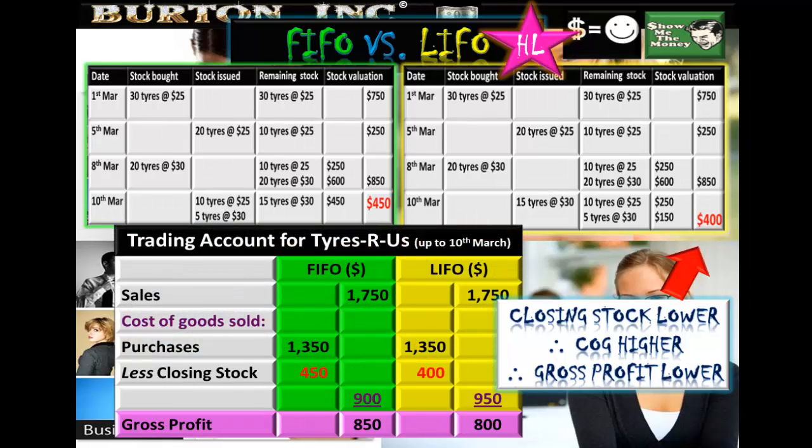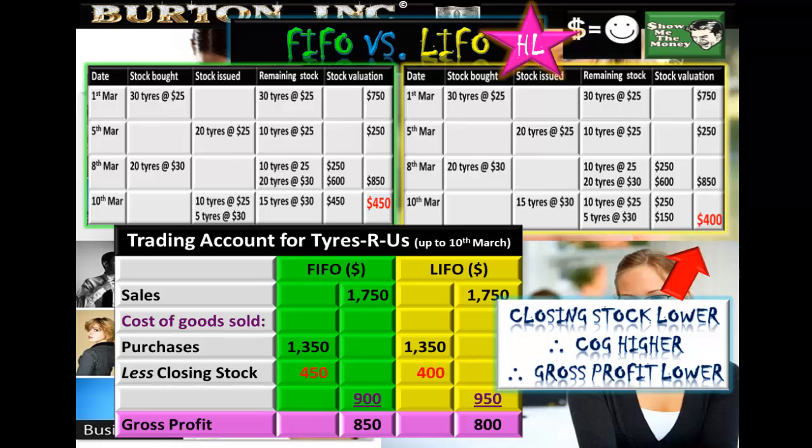And if we put in that 450 using the FIFO stock valuation and the 400 using the LIFO stock valuation, now the trading account and FIFO and LIFO go hand in hand. It's very likely if you get a FIFO or LIFO question that you're going to get a trading account implication type calculation as well.